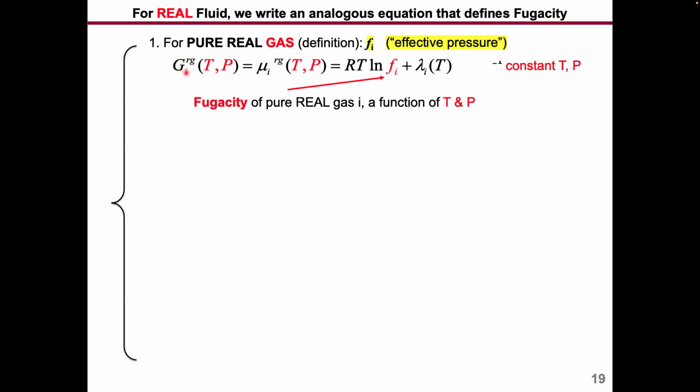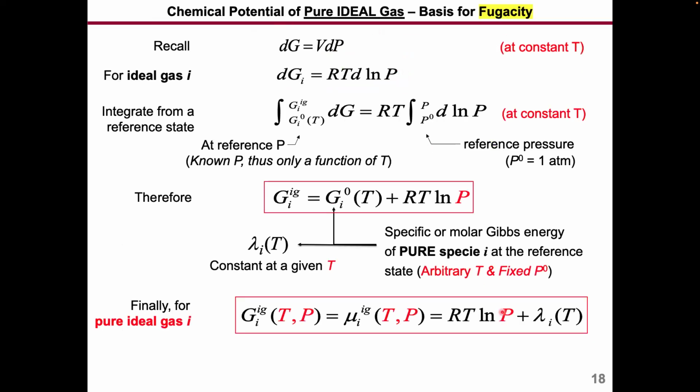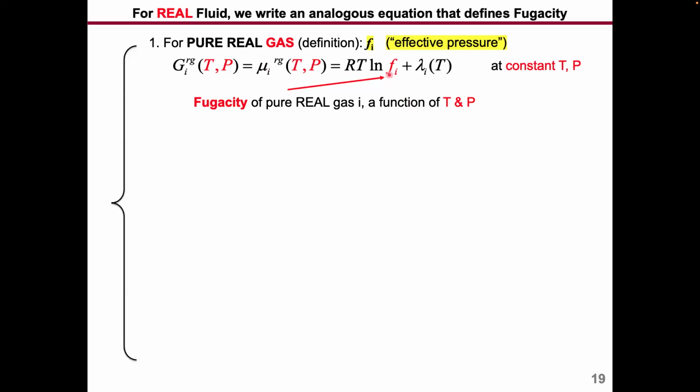So here, the Gibbs free energy of your real gas, or the chemical potential of your pure real gas, is going to be just RT natural log f_i. f_i is defined as the fugacity of your species i. Okay. And this fugacity is similar to the pressure for a pure ideal gas, but now f_i is the fugacity of pure real gas i.